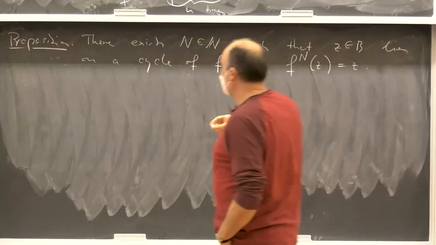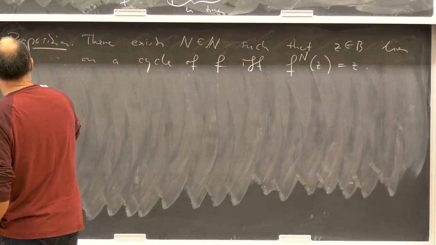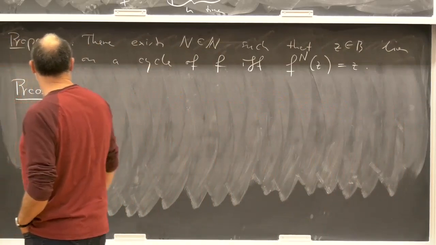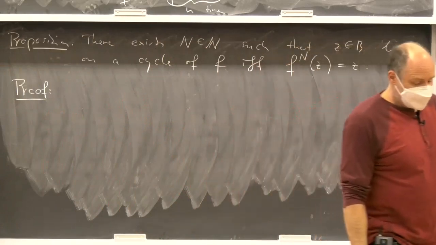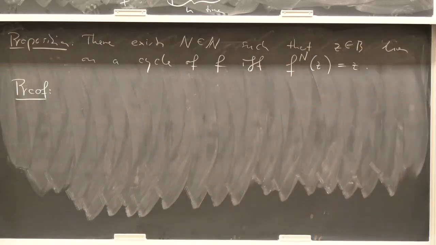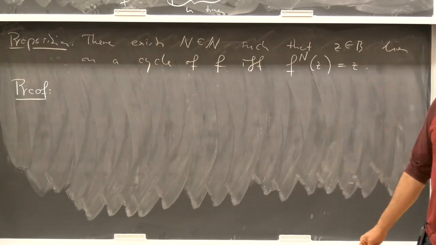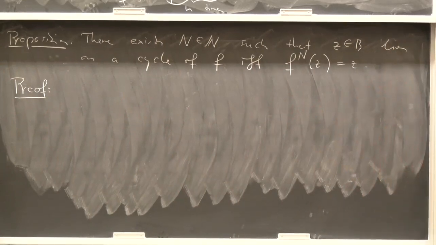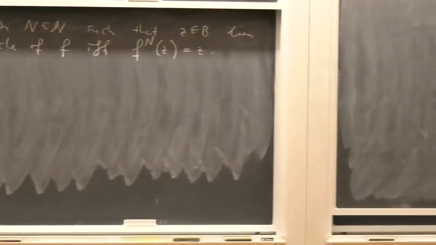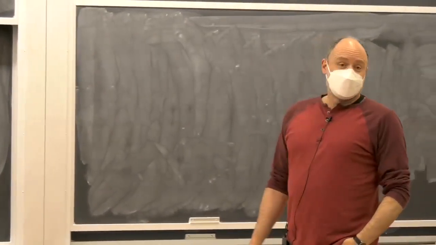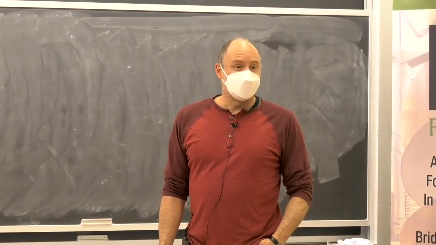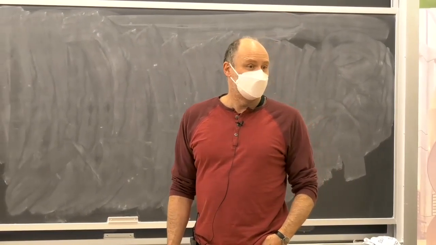And that's because of what we proved on Monday. Remember, the pieces that make up B are all transverse to the vector field. They consist of 0-dimensional and 1-dimensional pieces, and there are only finitely many of them. The 0-dimensional pieces can intersect the cycle in at most one point because they're only one point. The 1-dimensional pieces are transverse, so we proved they can intersect the cycle in at most one point as well.